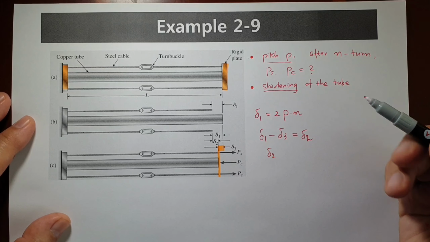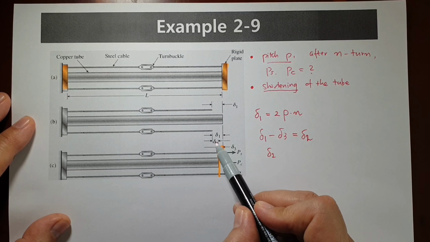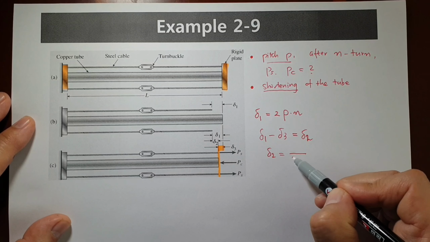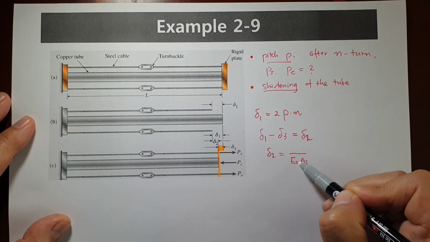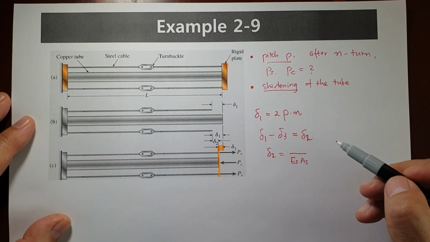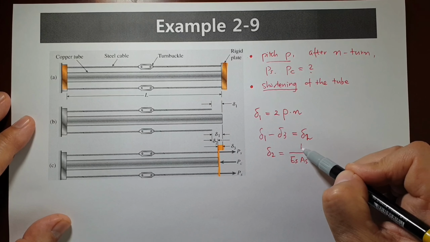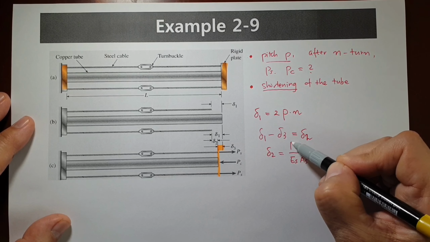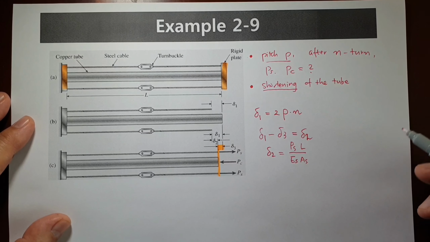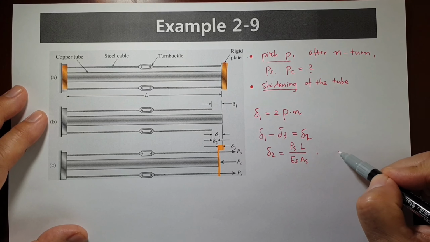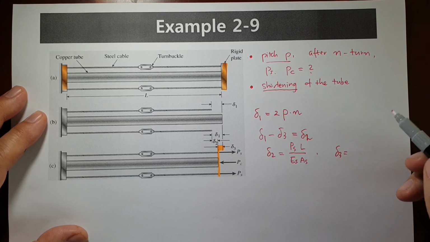Delta 2 is the change of length of the outside steel, given by P_S L over E_S A_S, where this distance is L. Next step, delta 3, same.